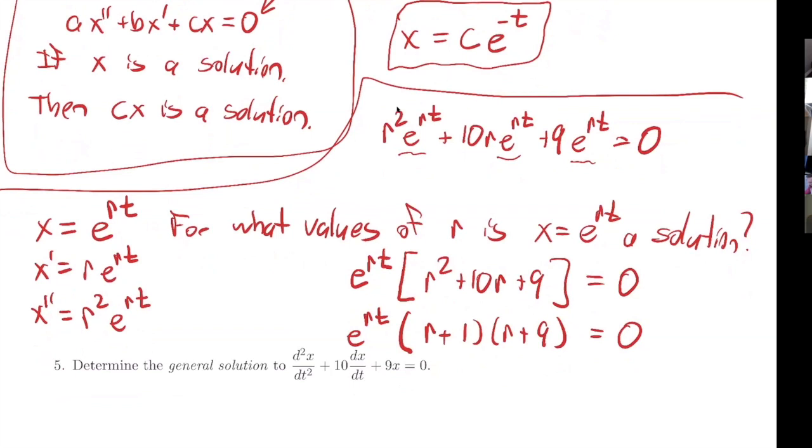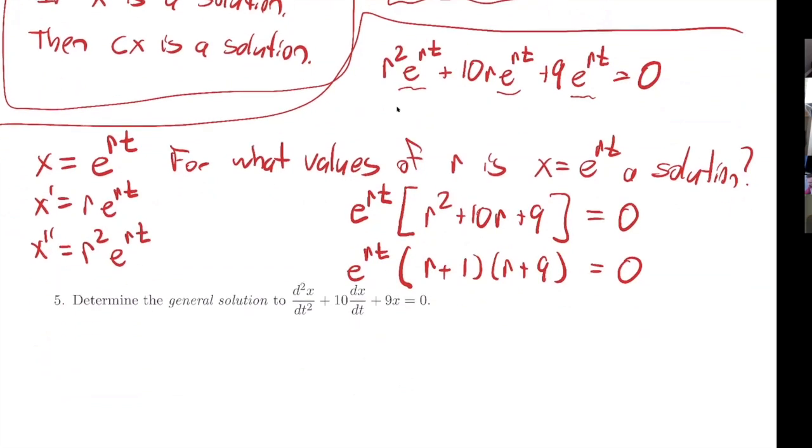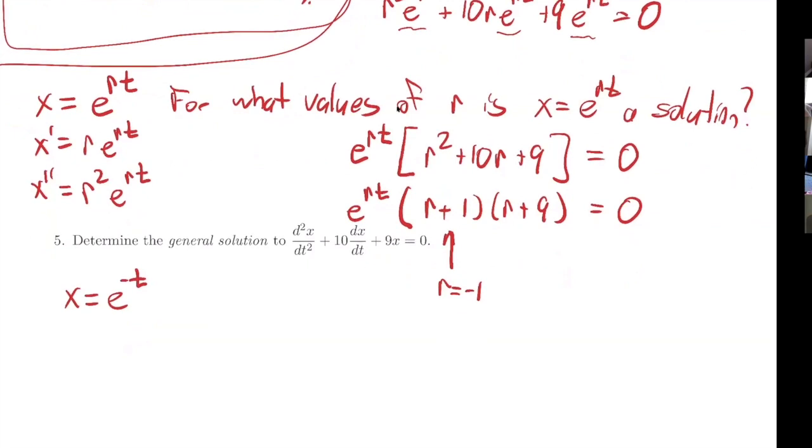So what this analysis tells me, and we're kind of leading down to the next part, is that if I have something like e to the minus t, meaning if R is equal to minus 1, then we get one solution. And from this factor, we can see that if R is equal to minus 9, then the left side would indeed give me 0. So if I have something like e to the minus 9t, that also would work as a solution.